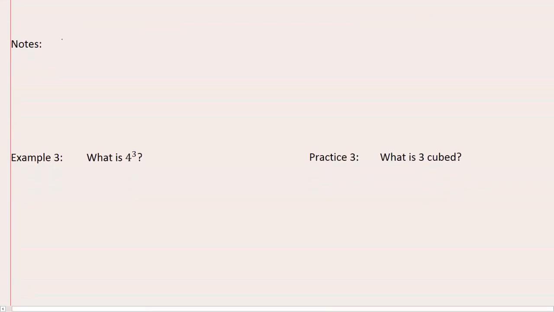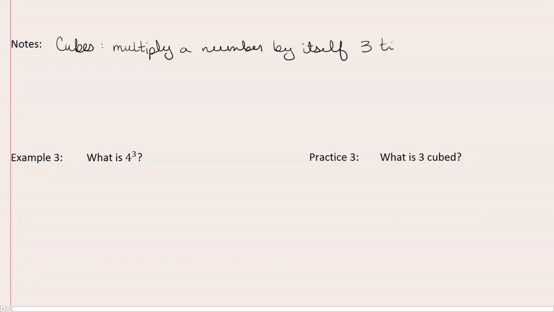Now we're going to talk about cubes. Cubes are just numbers found by multiplying a number by itself 3 times. Again, we might see it written as an exponent, so something like 2 cubed.